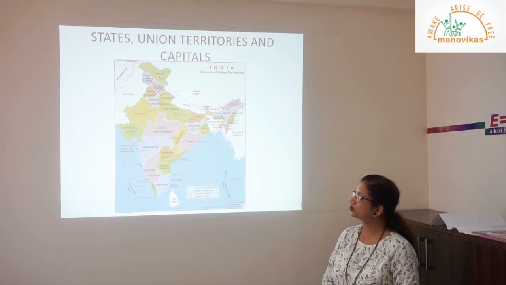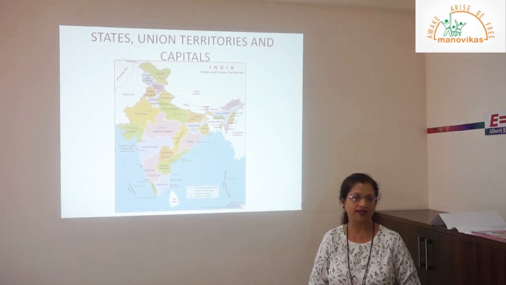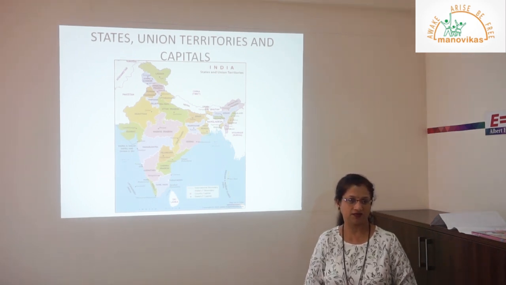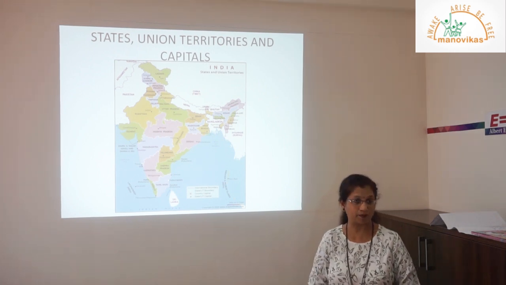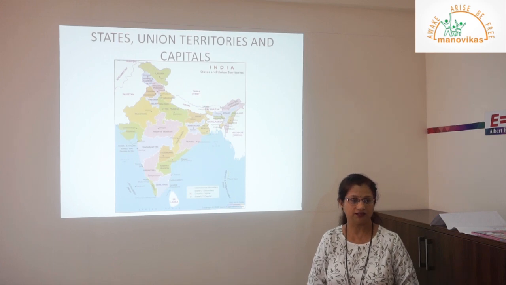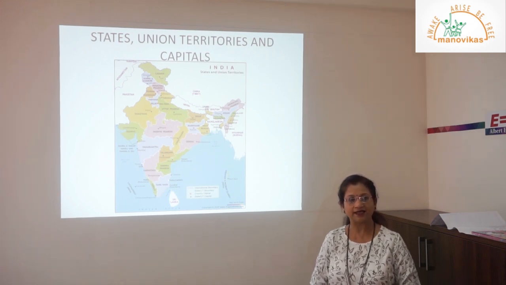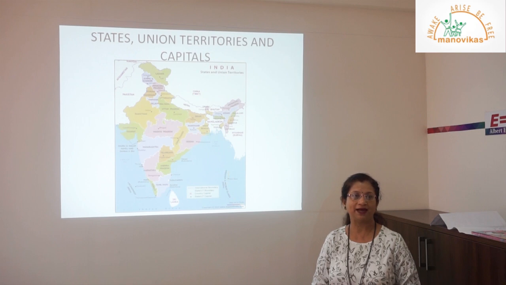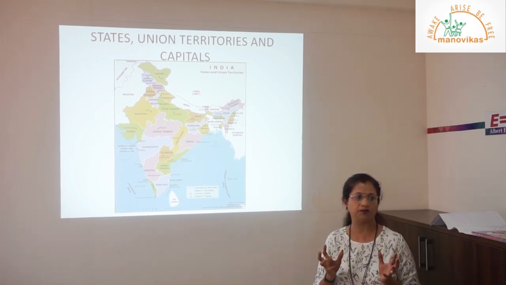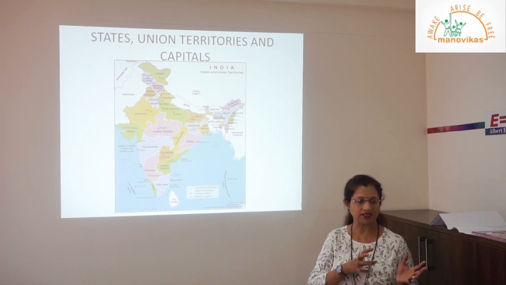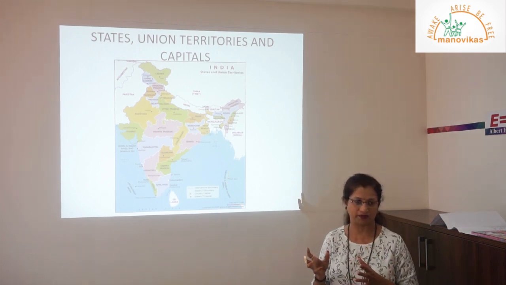Now the state is ruled or headed by a chief minister, whereas the union territory is headed by the governor and it is directly controlled by the central government of India. So there is a lot of difference between the state management and the union territory management.